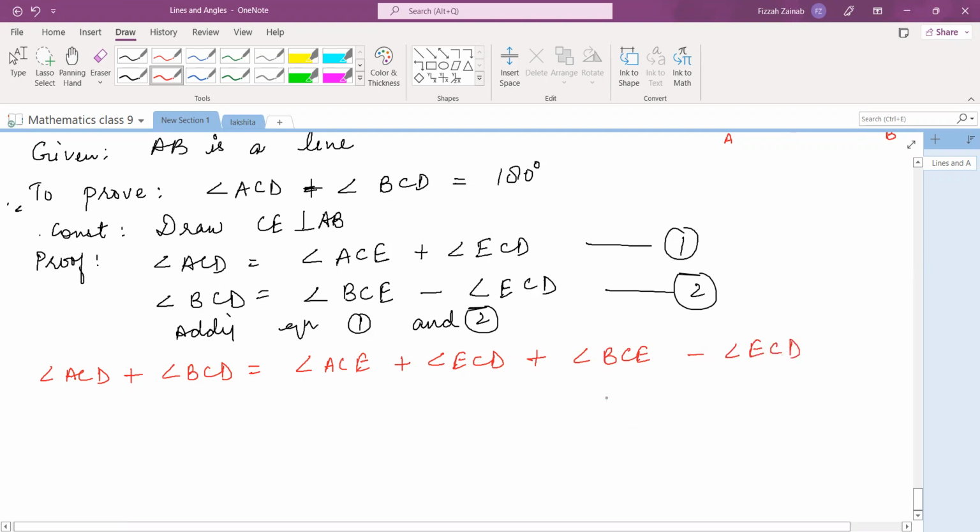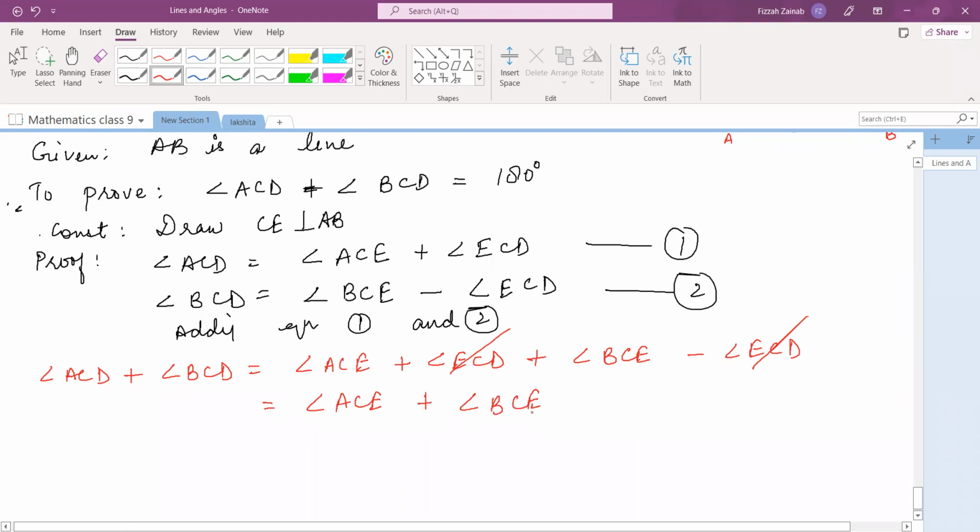I have added the left hand side to the left hand side, right hand side to the right hand side. Now you can see ECD will get cancelled out. One is plus, one is minus. So you are left with only angle ACE plus angle BCE, correct?